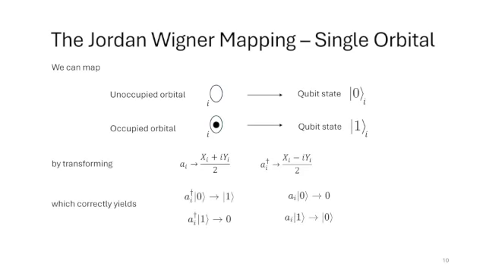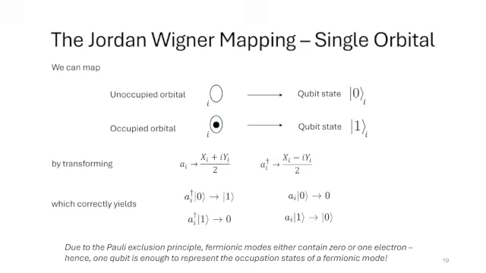This correctly results in the desirable properties for the ladder operators. So we have the correct action on the 0 and 1 states. For example, if we try to create a fermion on state 0, it changes to state 1. If we apply the creation operator on 1, it destroys the state. So everything works very well for a single orbital.